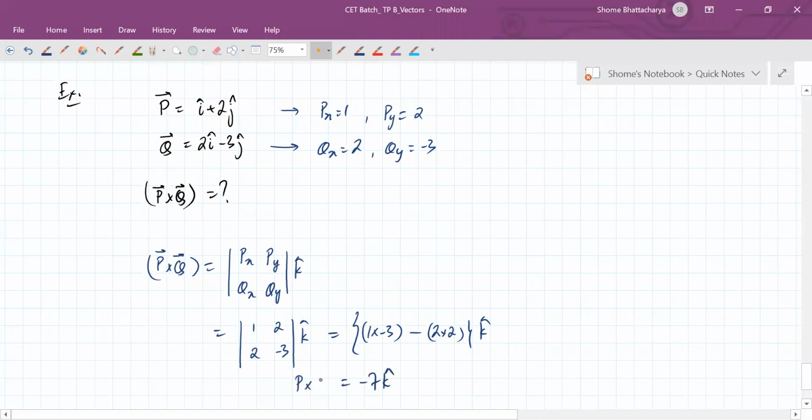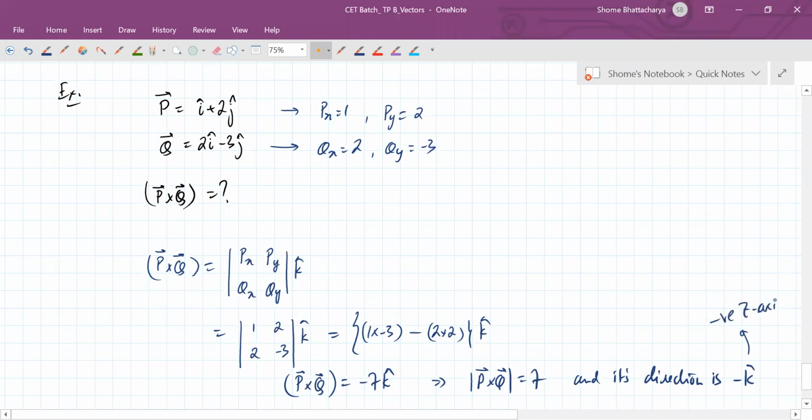So P cross Q becomes minus 7 k cap, which means that magnitude of P cross Q is 7 and its direction is minus k cap, that is negative z axis.